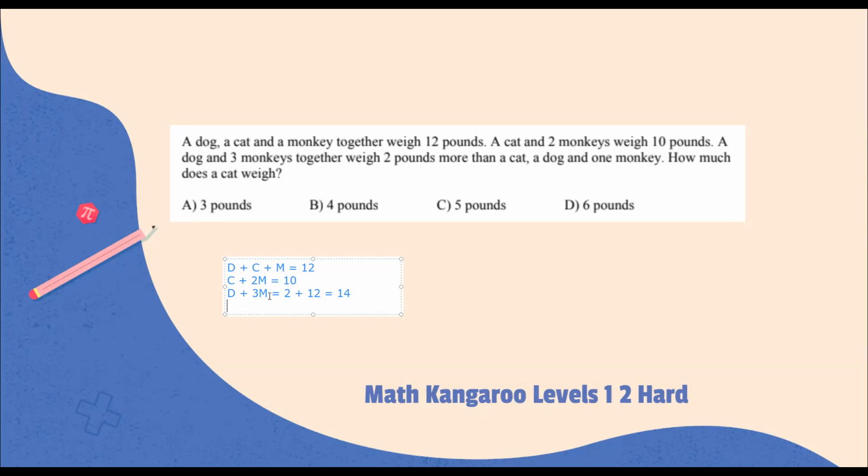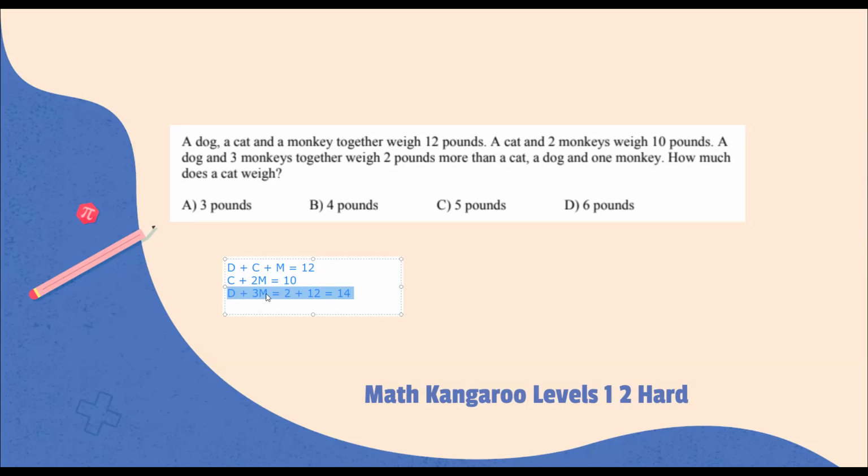Alright, so when we're trying to figure these things out, usually we want to isolate one thing by itself. And in this case, we should look for what has this equation over here and this equation over here. Right, so this equation has a dog, a cat, and a monkey, while this equation has a dog and 3 monkeys.